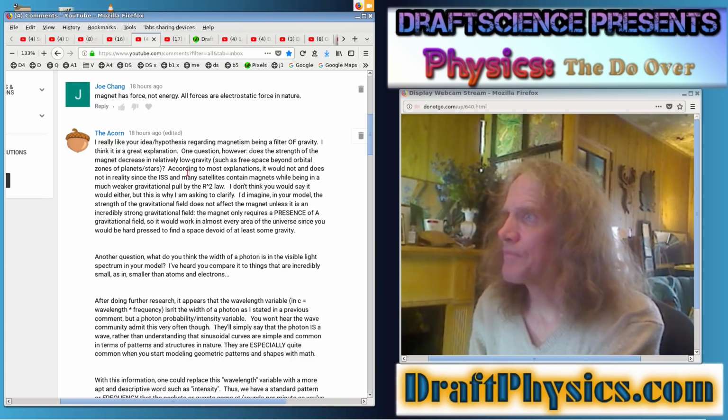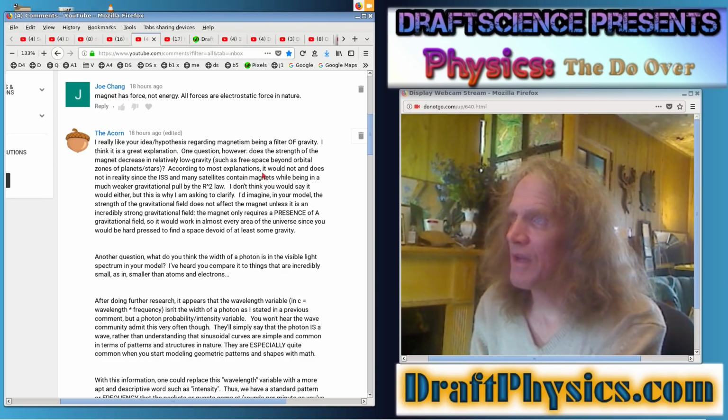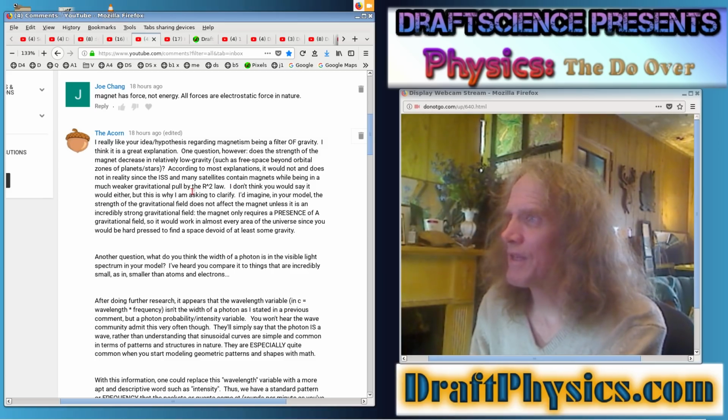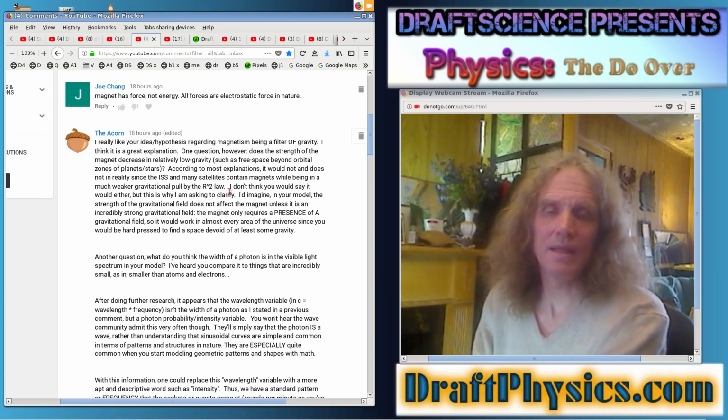Okay, well, anyway, according to most explanations, it would not, and does not in reality, since the ISS and many satellites contain magnets while being in a much weaker gravitational pull by the R-squared law. So again, you're not getting what gravitational pull means. It doesn't mean less gravity.